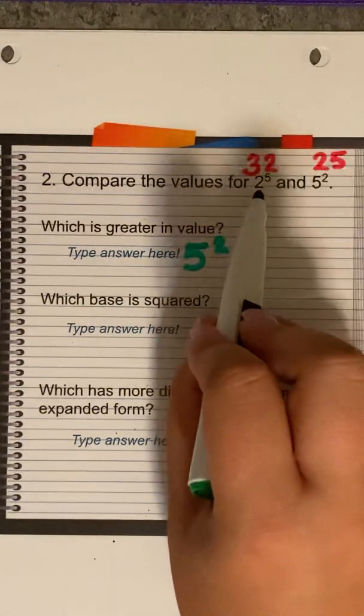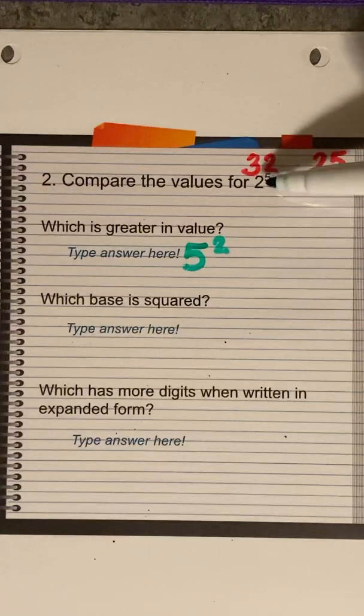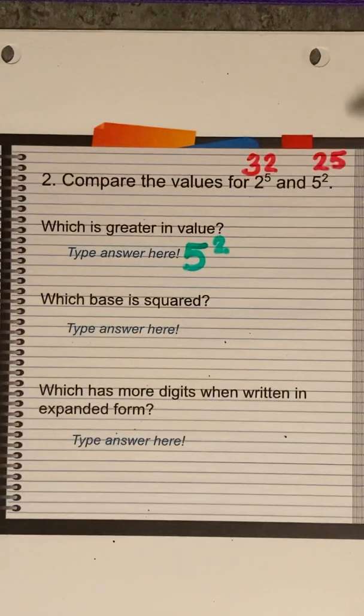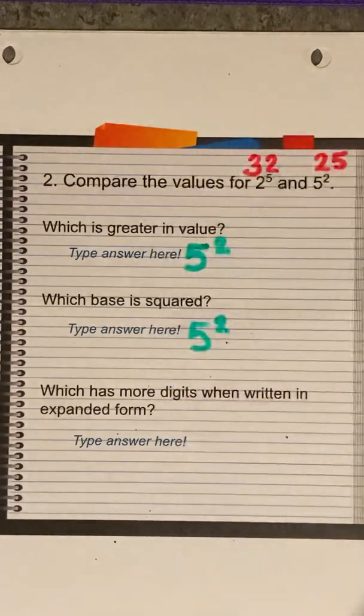Remember, our base is the bigger number on the bottom, not the exponent at the top. So the 5 is squared. You can just write 5, or you can write 5 squared.